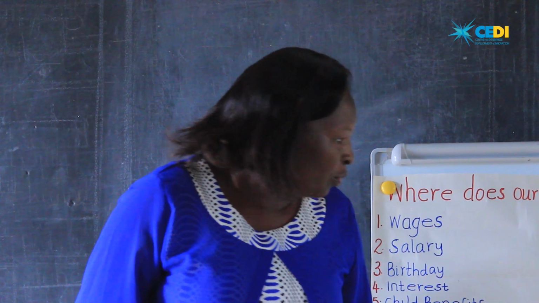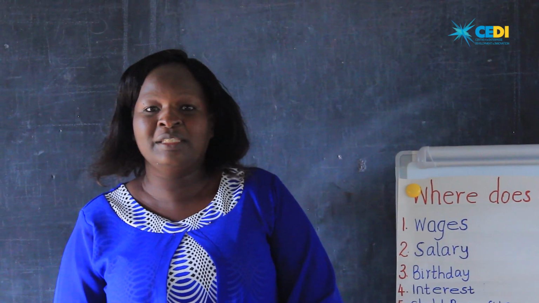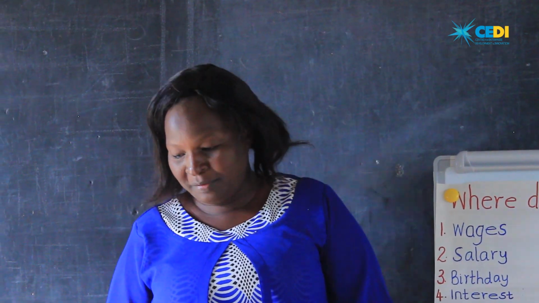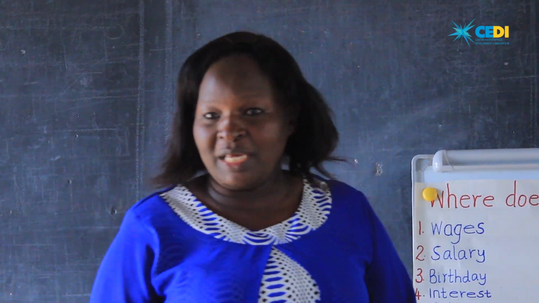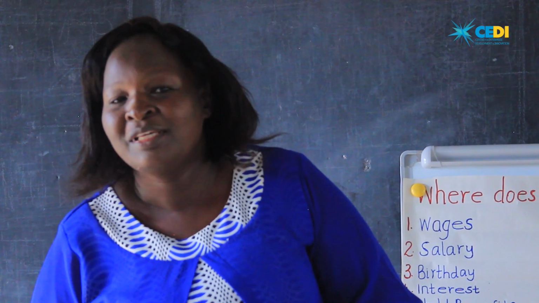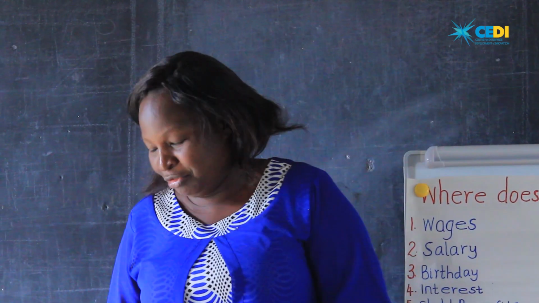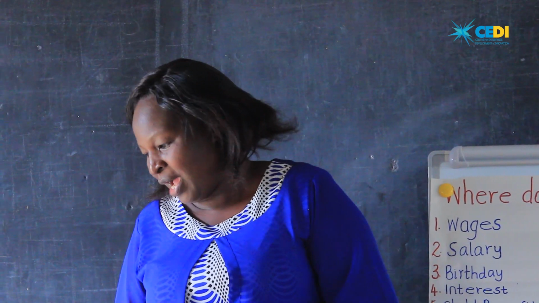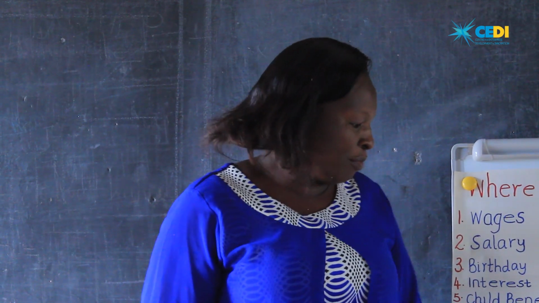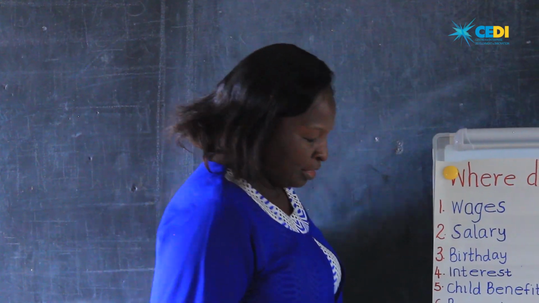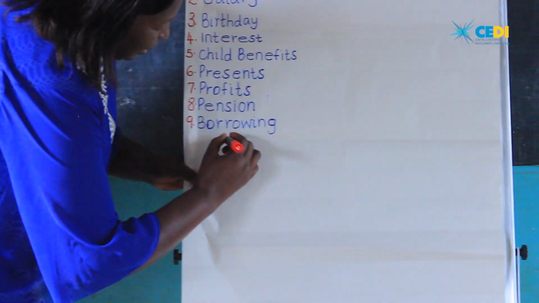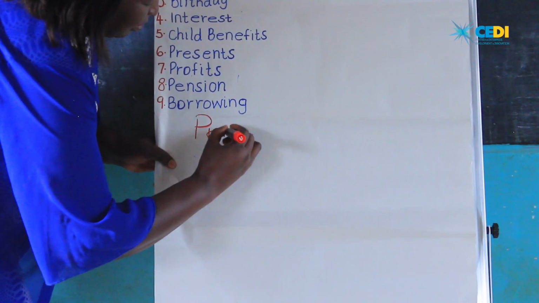Now, we have come to the end of our lessons. But as good boys and good girls, teacher will have to give you some work to do at home. I want to give you some homework. So the homework will be from primary maths.